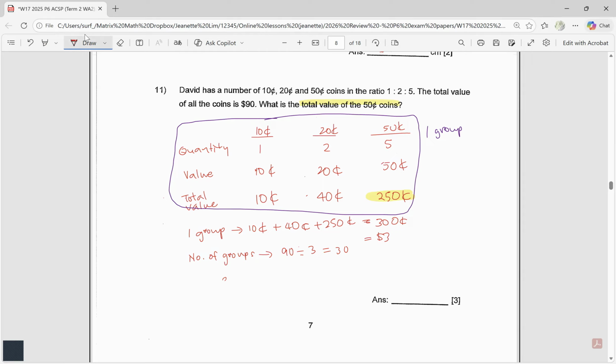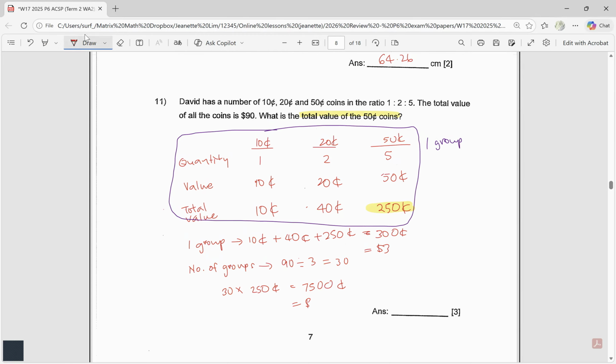So I'll take 30 times 250, which is 7500 cents, which is $75. Okay, it's $75.